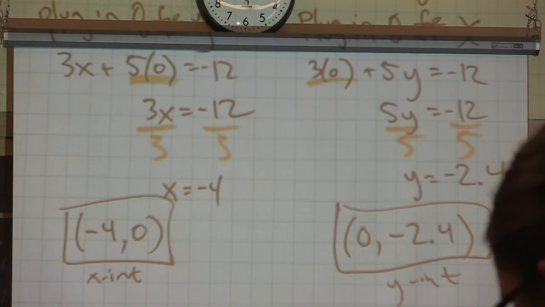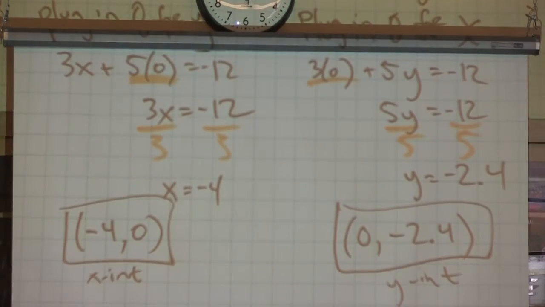Before we get to that, the one thing I want to look at with you guys, real quick, is that we are starting systems of equations. Systems of equations is when you have more than one equation.